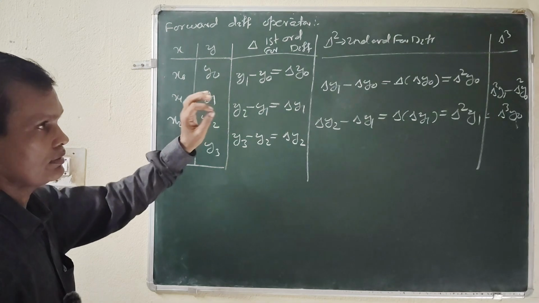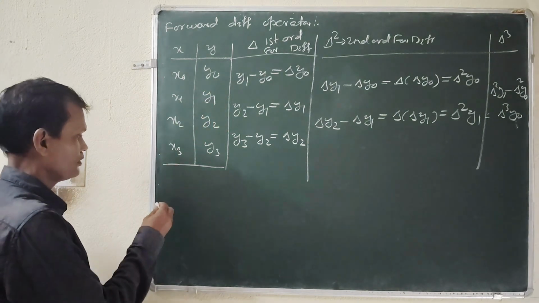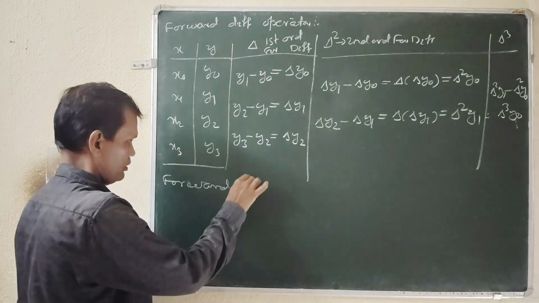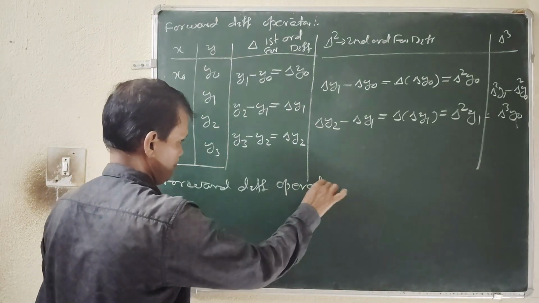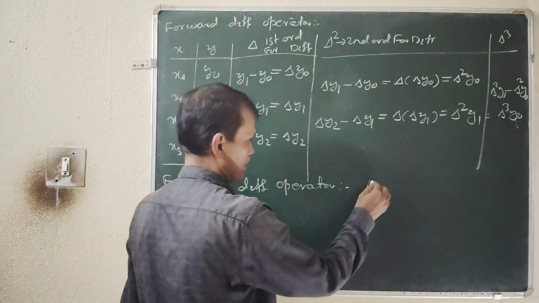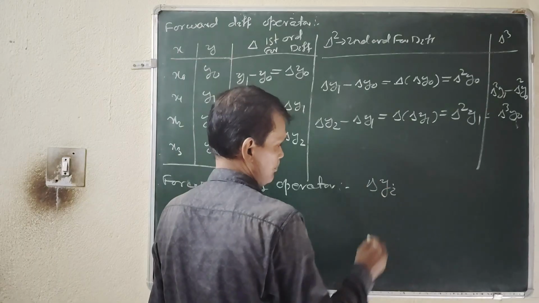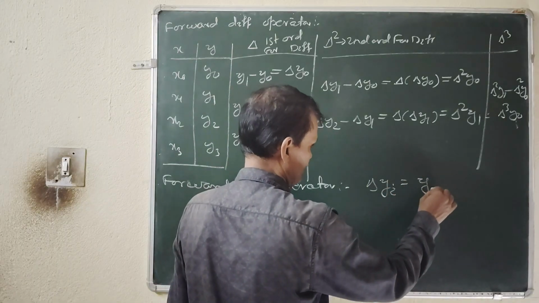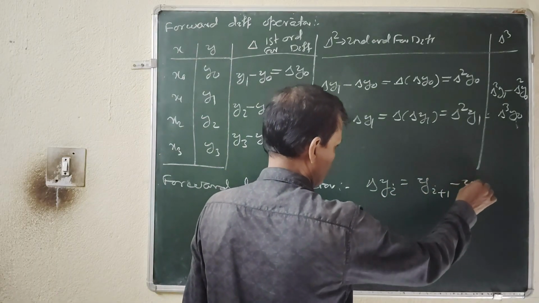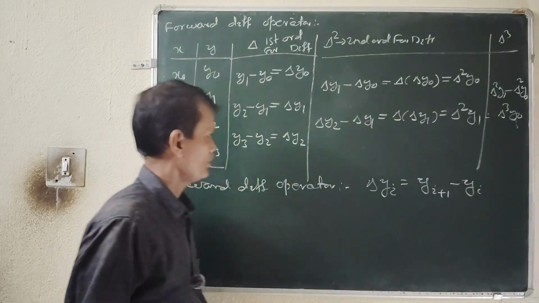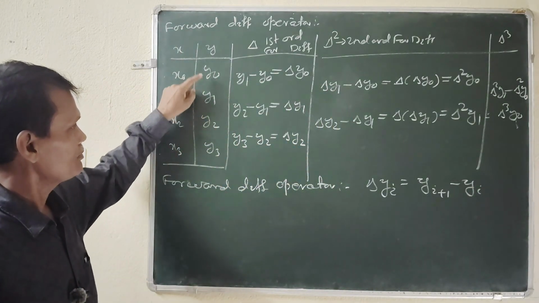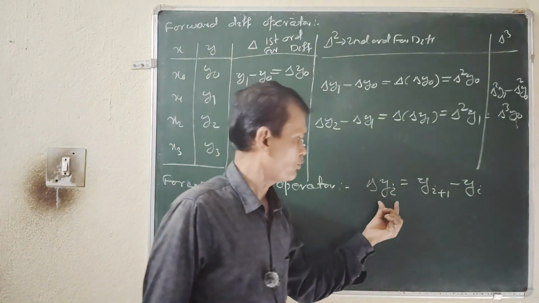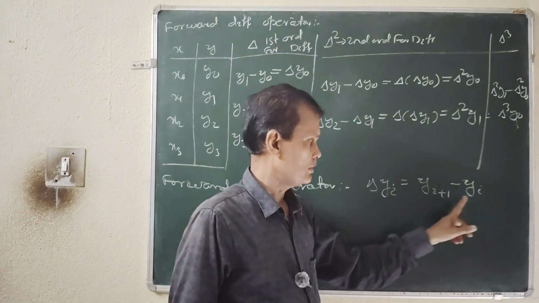Now let us have a definition for the forward difference operator. It is defined as delta yi equals yi plus 1 minus yi. You see, here we have used y1 minus y0, meaning the next data minus the old data. Here yi is the data and yi plus 1 is the next data.